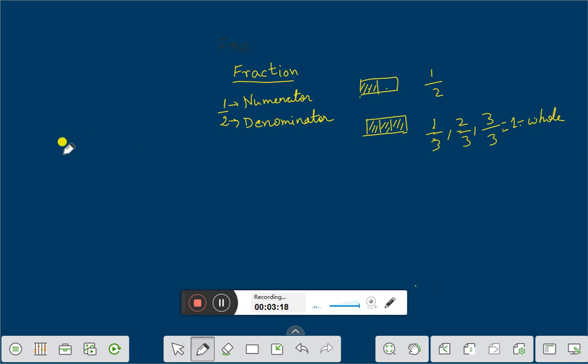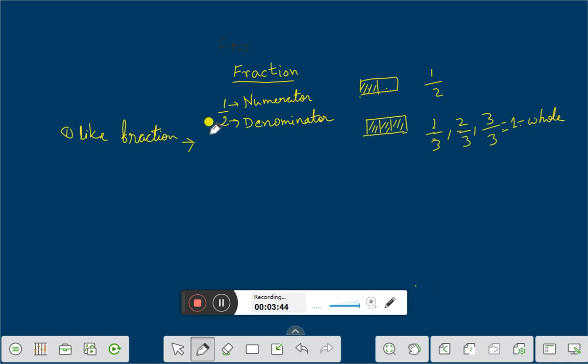Now, there are different types of fractions. Number one is like fractions. What are like fractions? The fractions in which the denominator is the same are known as like fractions.